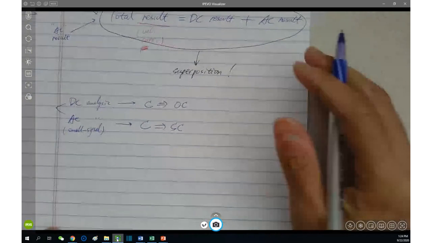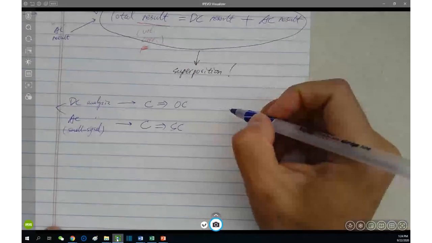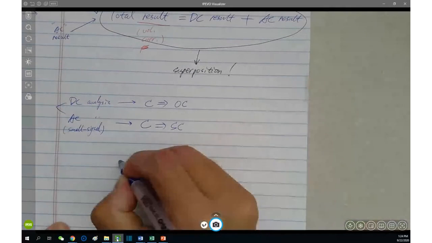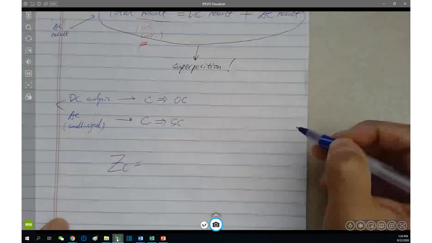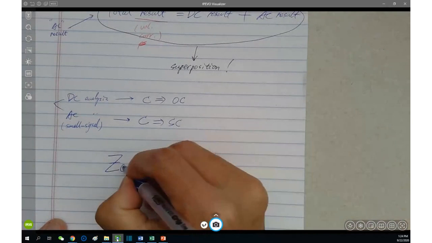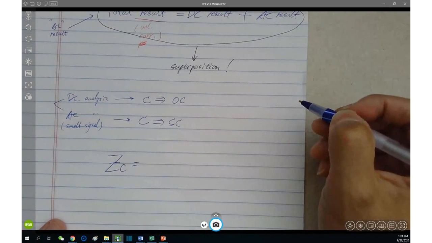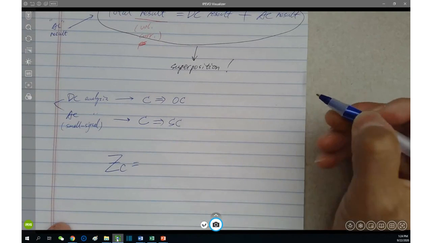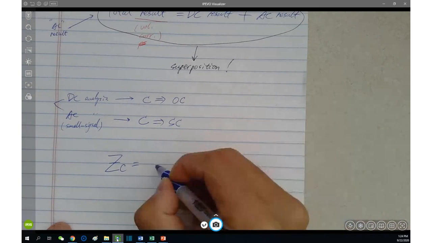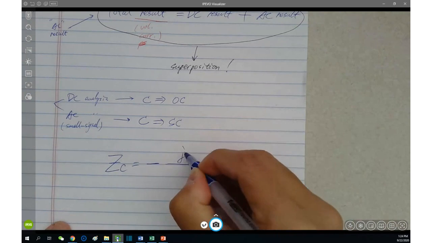And let's explain a little bit why. This is because of the impedance of the capacitor. We mentioned it a little bit in the lab and the previous lecture. Impedance of the capacitor equals what? Negative j over omega C, right?